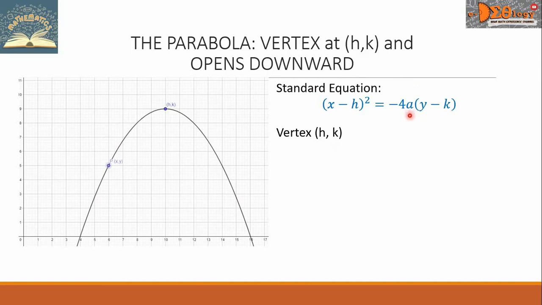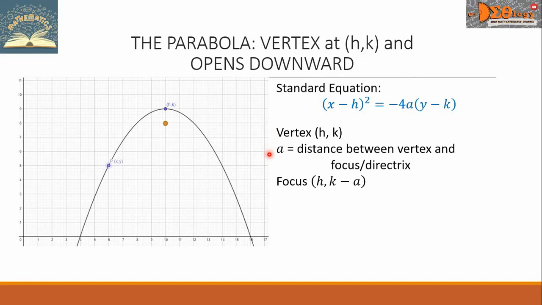Also, we need the value of this a, and this a is the distance between vertex and focus or directrix. With regard to the vertex and the value a, we can now write the focus.